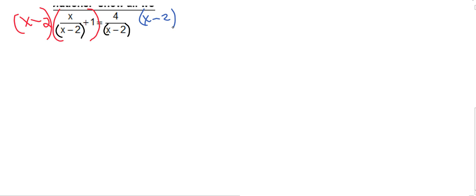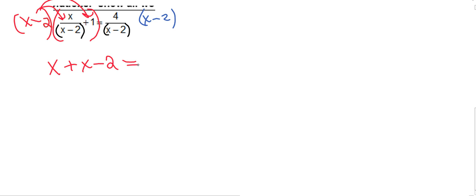So for the first one, when I distribute to the first fraction, this first term, the x minus 2 cancels out, and I'm just left with x. But whenever I distribute to the second term, there's nothing in that denominator to cancel that x minus 2, so I just have 1 times x minus 2, or x minus 2.